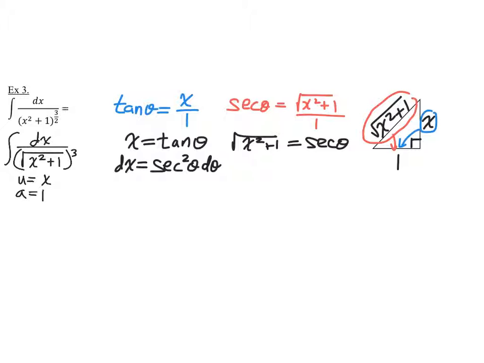So I'm looking at an integral. Instead of the dx, I'm going to put a secant squared theta d theta. On the bottom, instead of having that radical x squared plus 1 cubed, I'm going to have a secant cubed.